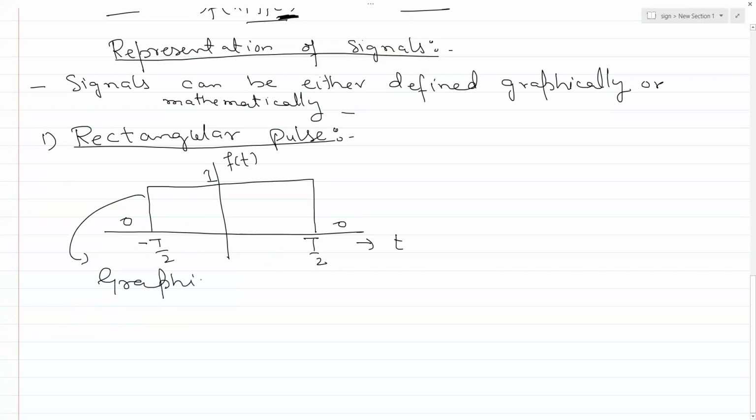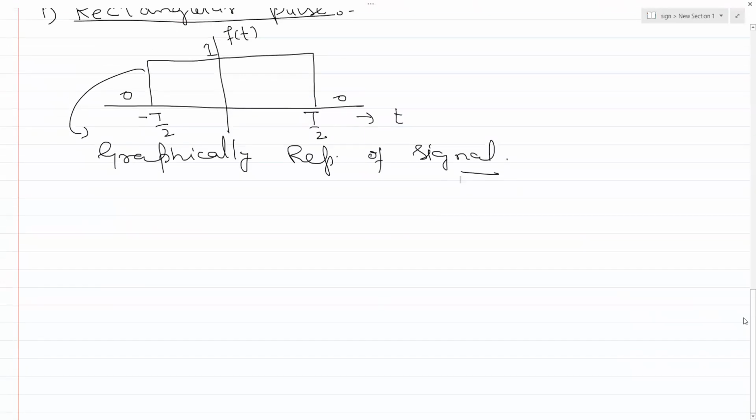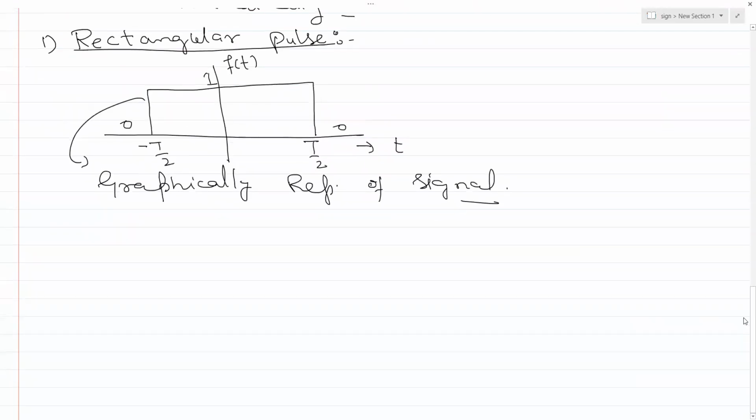This is the graphical representation of the rectangular pulse. Then the same signal can be represented as a mathematical expression. How can you define this mathematically? You can write f of t is equal to 1 when t, the independent variable, is from minus t by 2 to t by 2, and 0 otherwise.